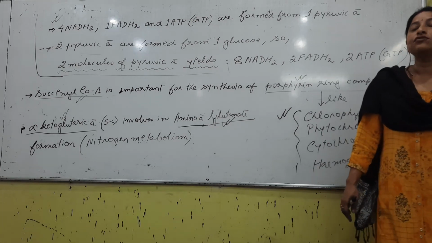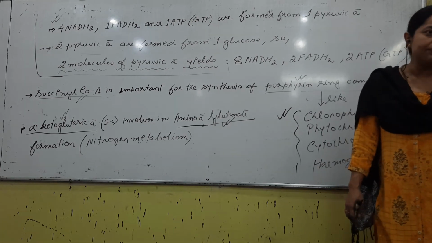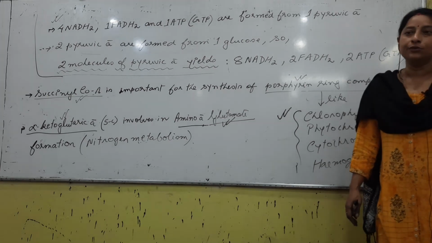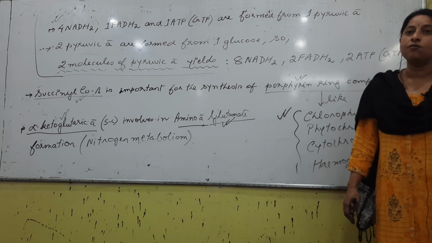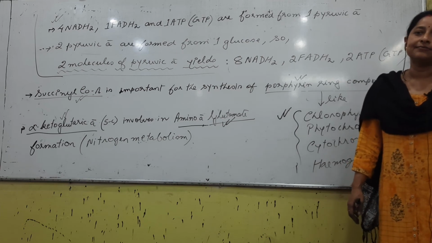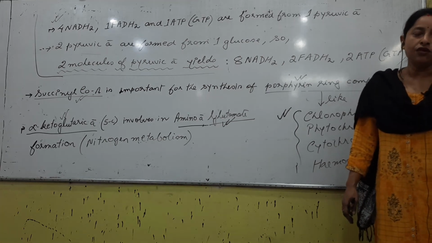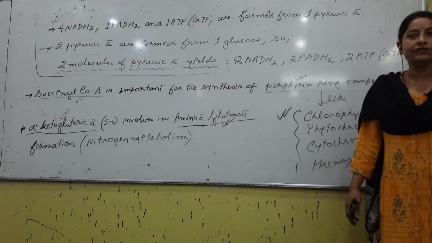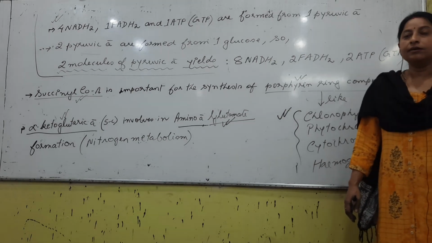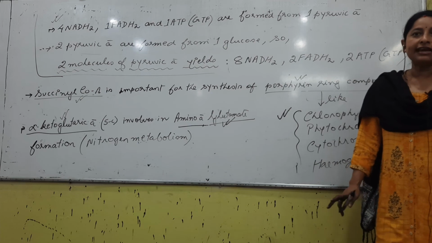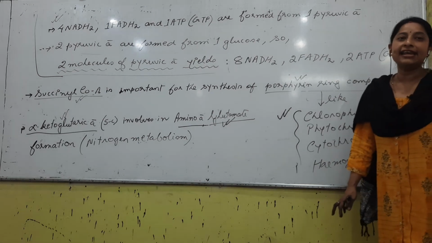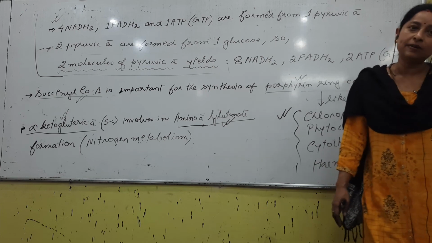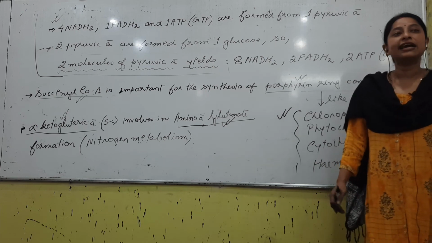What does nitrogen fixation mean? Nitrogen from the atmosphere comes into the soil and plants take it from the soil. When plants take nitrogen from the soil, do they accept it in the form of N2 or something else? Nitrogen in the atmosphere is in the form of N2, and plants cannot directly take nitrogen in the N2 form, so it has to get fixed.